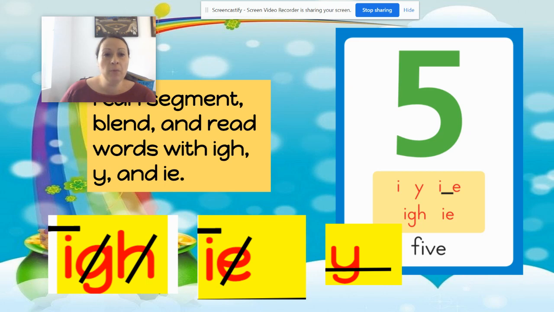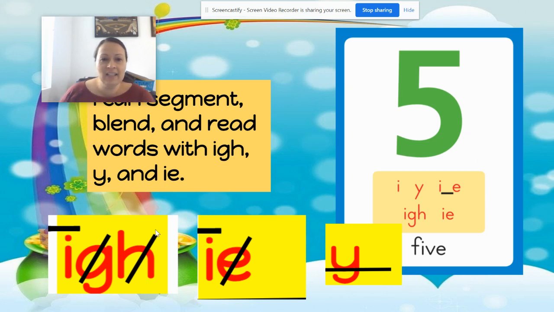Okay, now remember when we code IGH, we will put a macron above the I and a slash through the G and the H. When we code the IE, the first one does the talking, macron on top, and the second does the walking, slash the E because it is silent. And when we hear I at the end of a word, we will put a Y just like we have over there, okay?